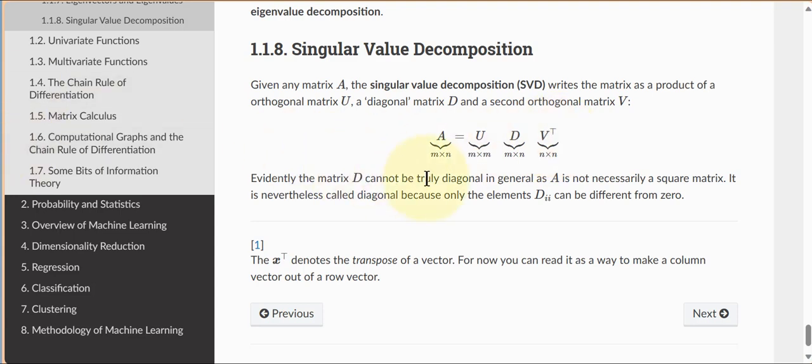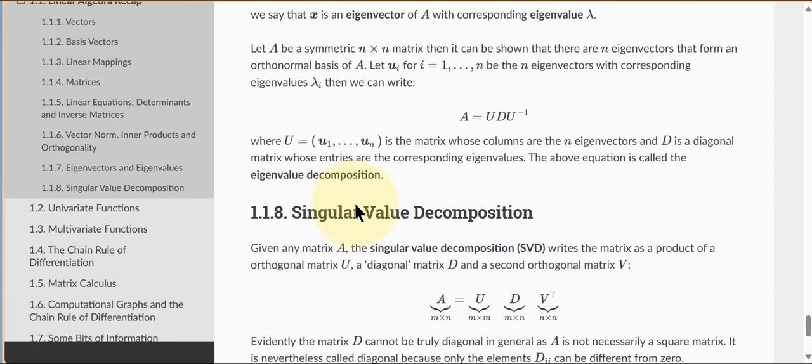So what are these matrices? We have D, which is a little different from the other D, and we have U, which is sort of the same, and we have V. Before we had U, D, and U inverse, so it doesn't look exactly the same.